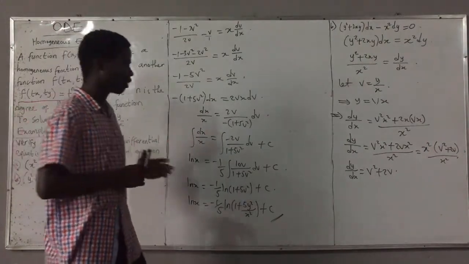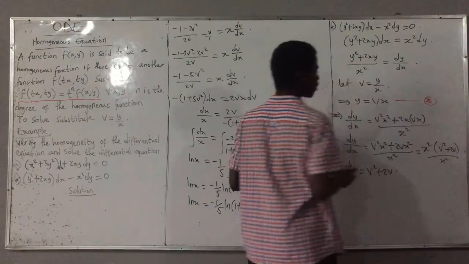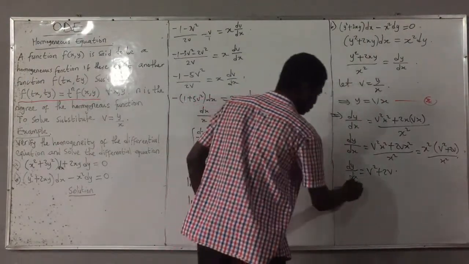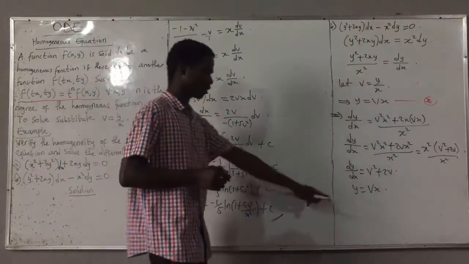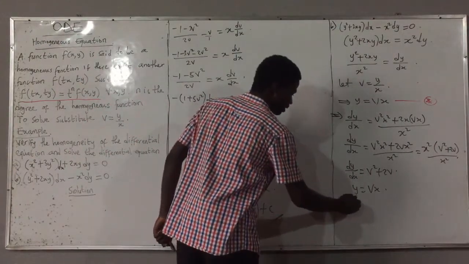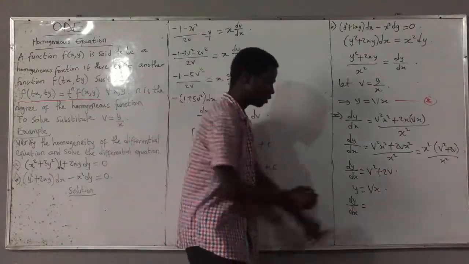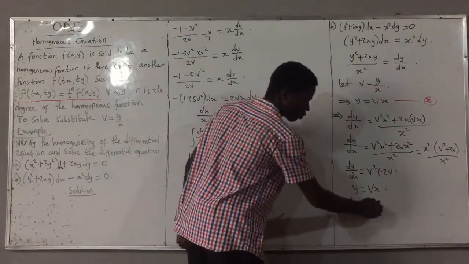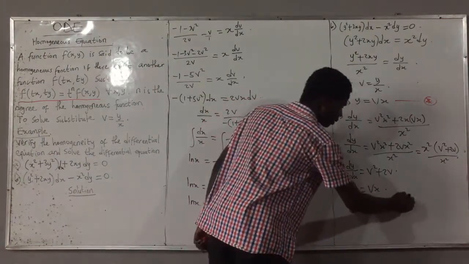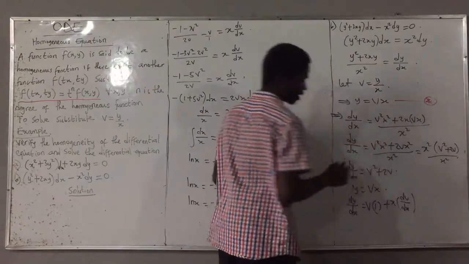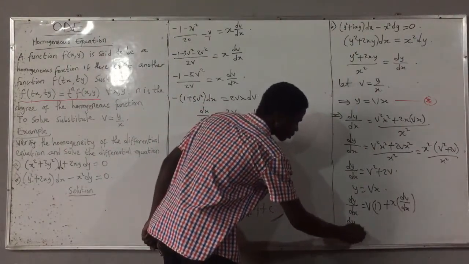Do you understand? So now, come back to this one. y equals vx. Differentiate this one. Don't forget, differentiate y with respect to x. You use product rule. Take v, differentiate the second one, 1, plus the second one x, differentiate the first one, dv over dx. That is what you have. So that means dy/dx equals v plus x dv/dx, and please take note.